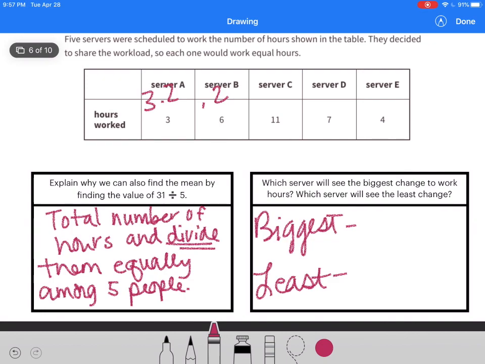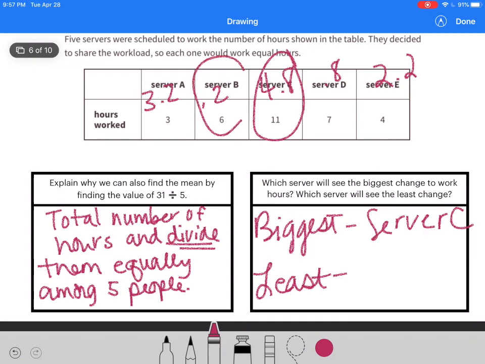So just to be safe, I'm going to use my calculator. 4.8. Then 7 minus 6.2 is going to be 0.8. 6.2 minus 4 is going to be 2.2. All right, so if I'm looking at the person that's going to have the biggest change, that's going to be server C. And the person that's going to have the least amount of change is going to be server B.